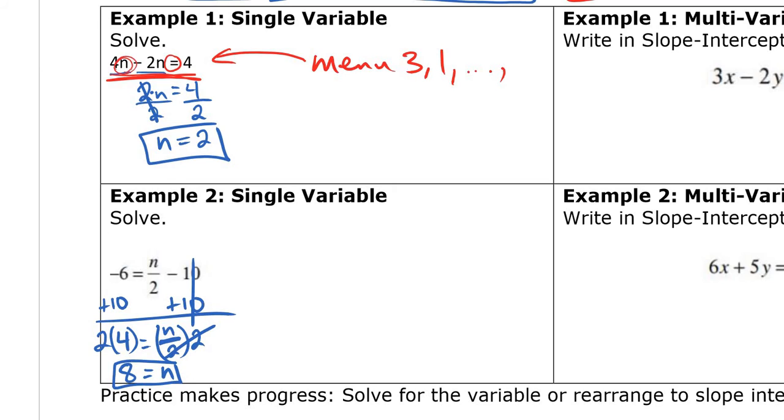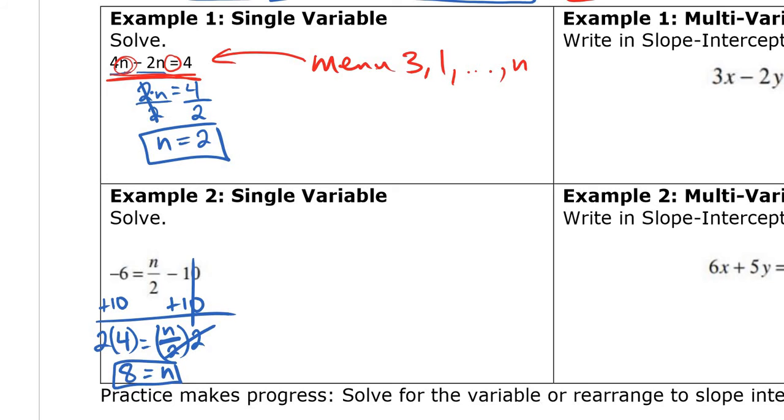Hopefully you said comma n, and then you'd hit enter, or whatever the variable is, comma x, whatever. Alright, but we're not practicing that. You don't have calculators because T24 is where we're getting good at doing the math by hand.